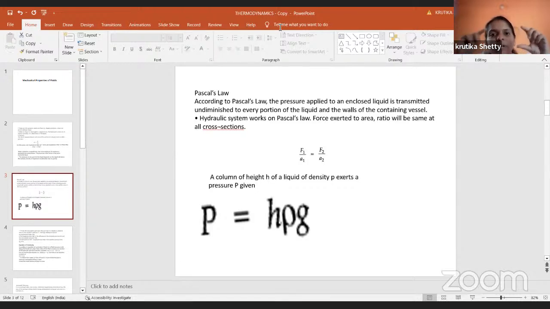So whatever the pressure you are applying at one point, ನೀವು balloon ಅನ್ನ one point ಅಲ್ಲಿ press ಮಾಡಿದ್ರೆ, you can see that the pressure is exerted at all the sides of the balloon here. So same concept we can apply it for the liquids also. So when the liquid is enclosed in any of the system, okay, so whatever the pressure you are exerting at one particular point, it will be transmitted to all the sides of that vessel. Okay, this is called as Pascal's law.